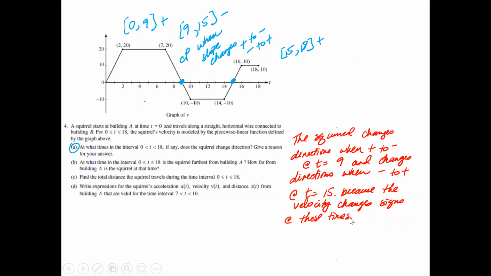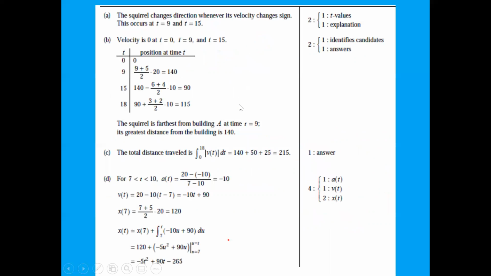That's something you can write, and when it says give a reason for your answer, this is sufficient reason. It's just 2 points: 1 for the t values, 9 and 15, and 1 for the explanation. That's pretty simple for the most part.